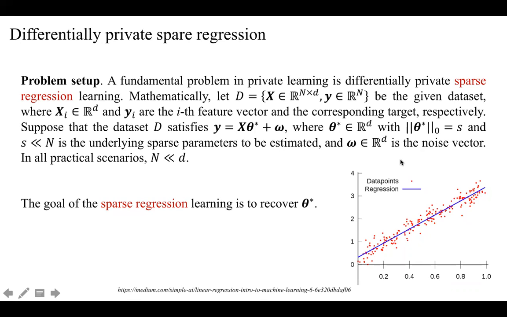In sparse regression learning, we have the following two conditions: the sparsity S is much less than the number of examples n, and the number of examples n is much less than the feature dimension d. The goal of sparse regression learning is to recover the optimal parameter theta star.